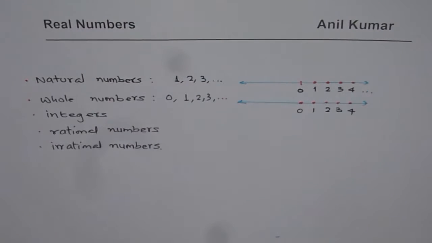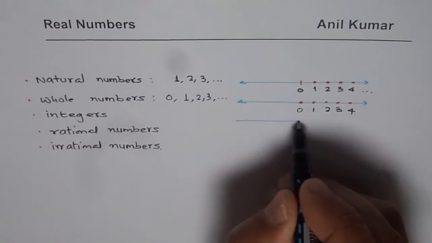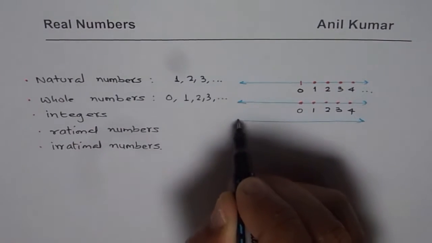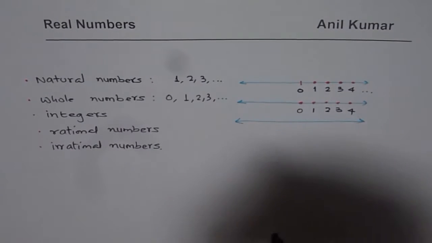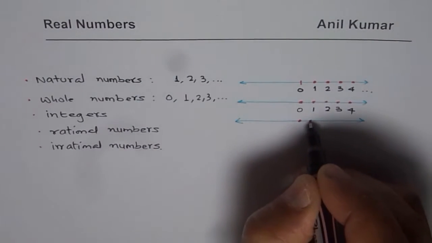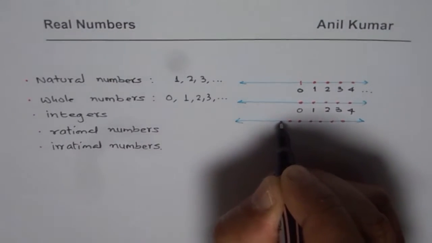When we talk about integers, we take into consideration the numbers which are negative of the whole numbers, right? So numbers which are integers are like this. They extend on both sides of the number line, both sides of 0, right?